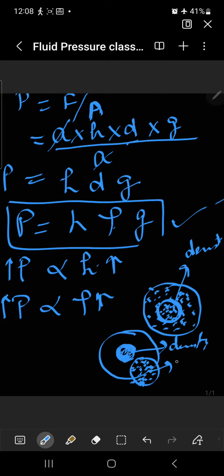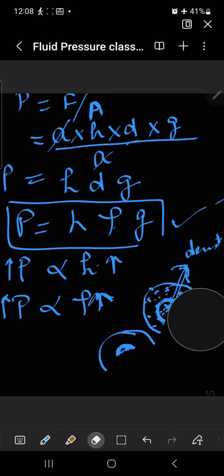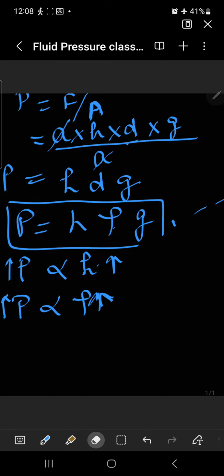So the number of molecules per unit area is defined as density. For any fluid which has high density, the pressure is also high. Got it?